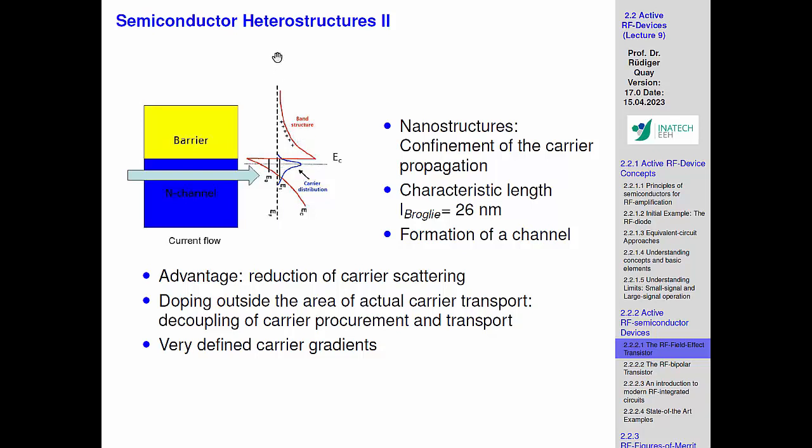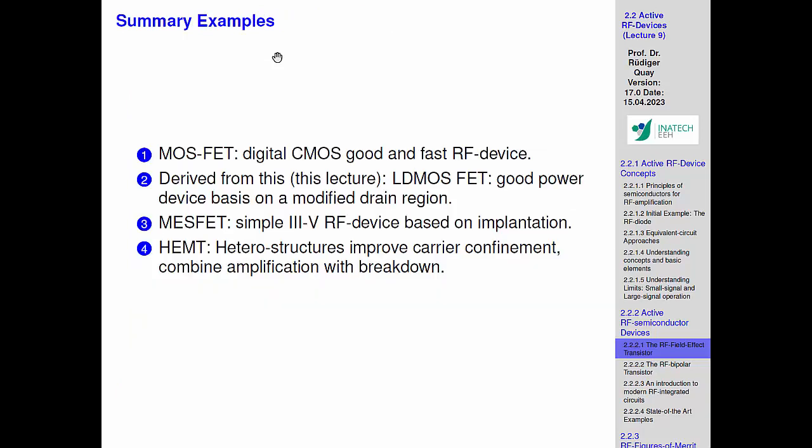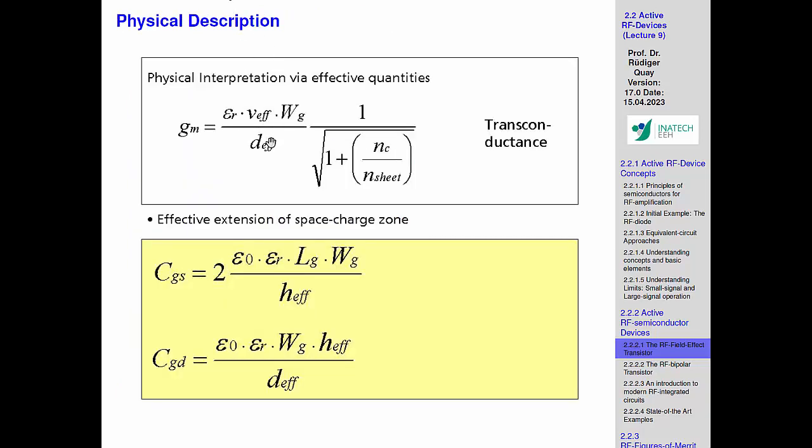So if you make that too easy, then it's not good. So you have to be a bit careful that you don't overstress that argument. You have to maintain a certain distance to keep things under control. Otherwise you have leakage, and that was the beginning of what I said. We don't want a current flow there. If there's a tunneling current, the whole concept just blows. It doesn't work anymore. Yeah?